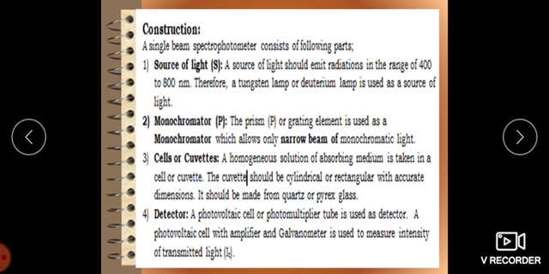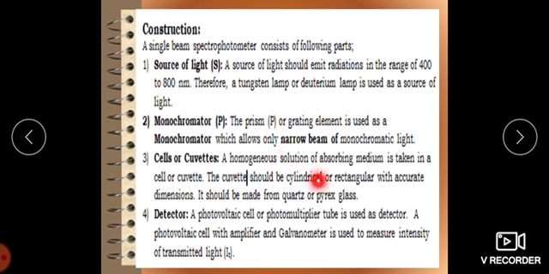We have discussed the parts of the spectrophotometer. Source of light: the source should emit radiation in the range of 400 to 800 nanometer. Therefore, a tungsten lamp or deuterium lamp is used as a source of light. The monochromator is a prism. Cells or cuvettes are used to hold the sample, and the solution should be homogeneous.